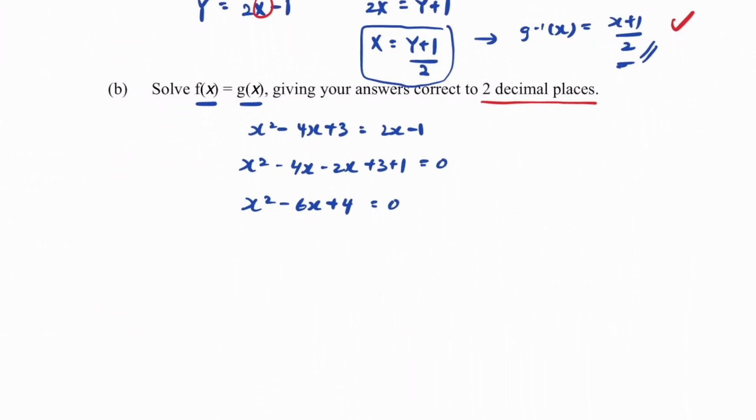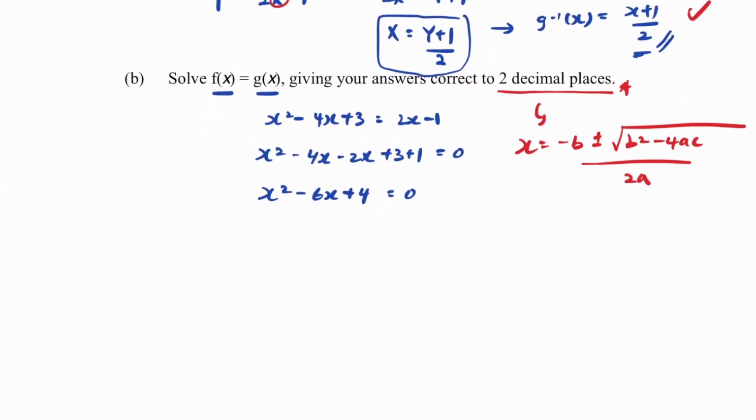You are required to solve this quadratic equation, but this time, since they already gave you the biggest hint, 2 decimal places, you should rely on the quadratic formula: minus b plus and minus square root of b squared minus 4ac, over 2a. So next, 1, minus 6, plus 4. This will be the indications of what is your a, which is 1, b is equal to minus 6, c is equal to 4.